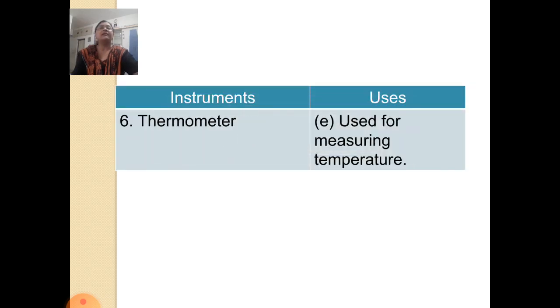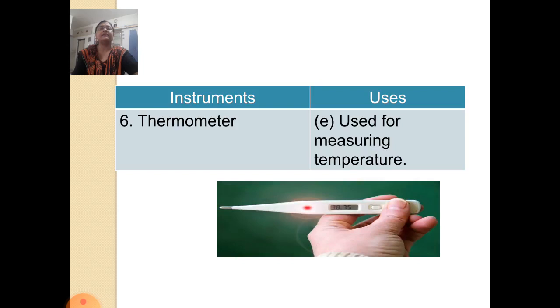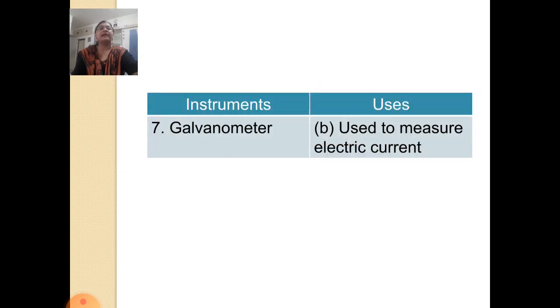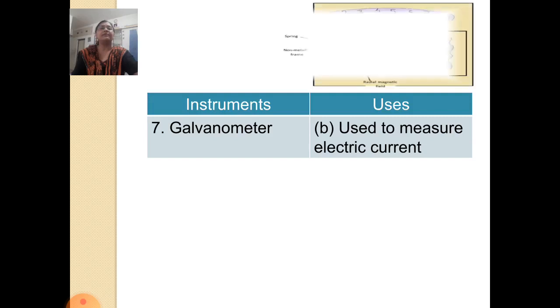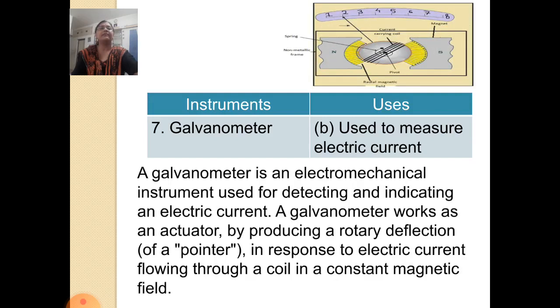Next one, thermometer. Thermometer is used for measuring temperature, which is option E. Next one, galvanometer. Galvanometer is used to measure electric current, which is option B. A galvanometer is an electromechanical instrument used for detecting and indicating an electric current.